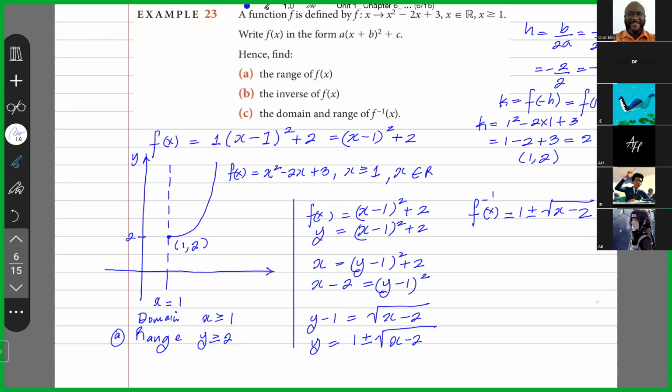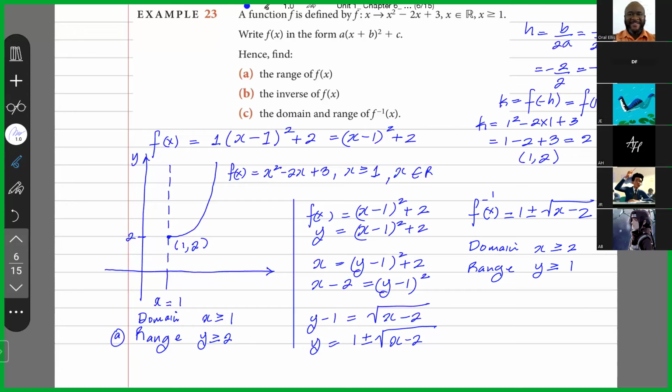It only exists for a specific range and a specific domain. So for f inverse of x, the domain is going to be x is greater than or equal to 2, and the range is y is greater than or equal to 1.